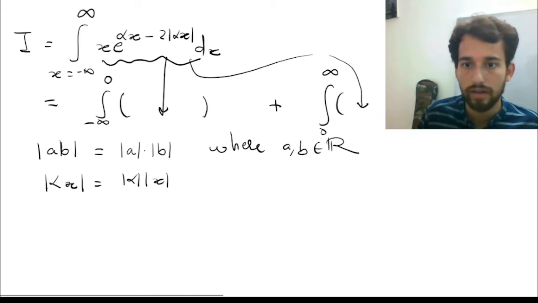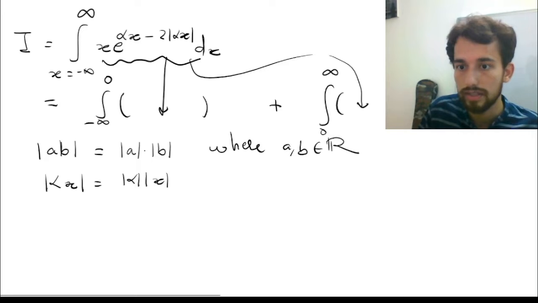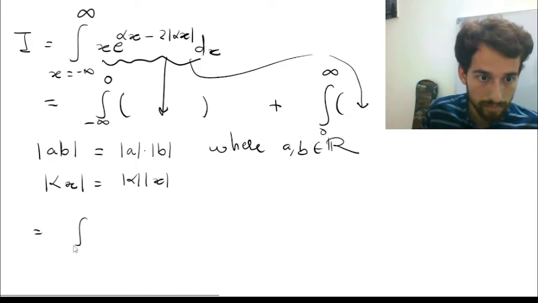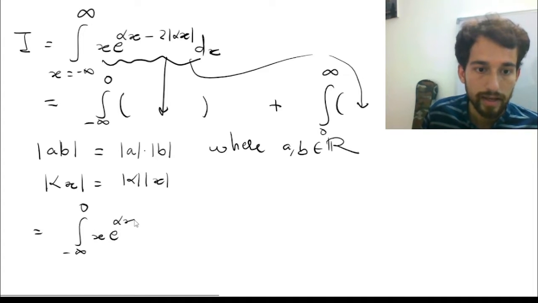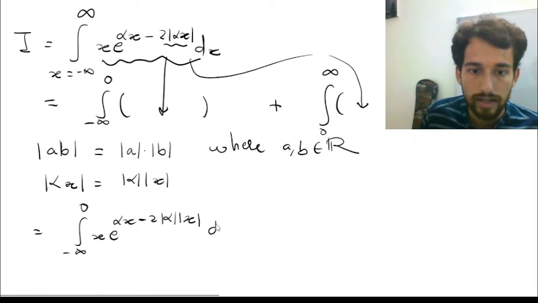Now I come over here, let me call this, suppose, A star. Then my star becomes, for x running from minus infinity to 0, x e to the power alpha x minus 2 times this quantity, which can now be written in terms of this product, likewise the other integral.